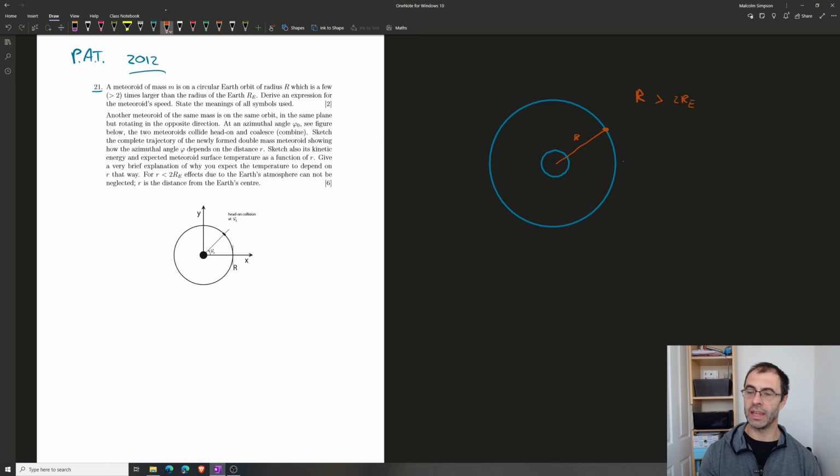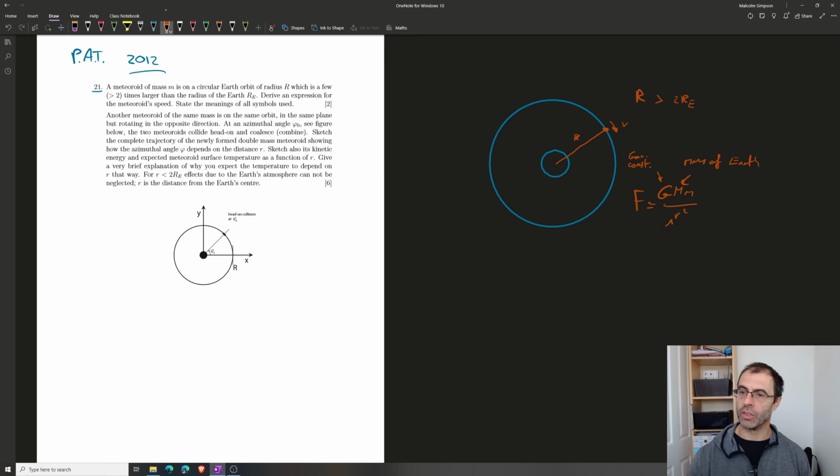So an object in orbit is traveling with some speed v at a radius r. The only force acting here is gravity, so we can describe the force on it using the gravitational equation, where capital M here is the mass of Earth and G is Newton's gravitational constant, which is 6.67 times 10 to the minus 11.